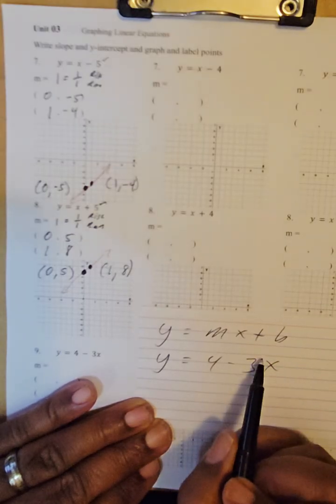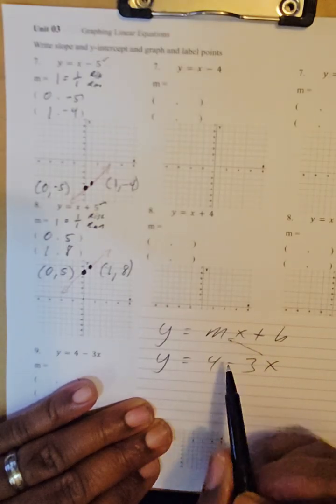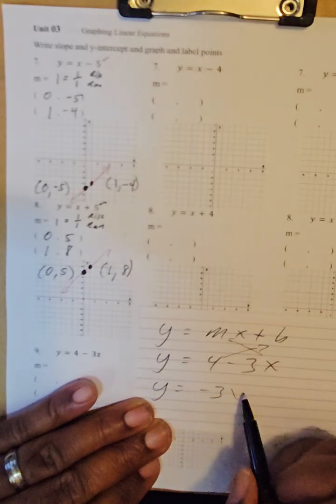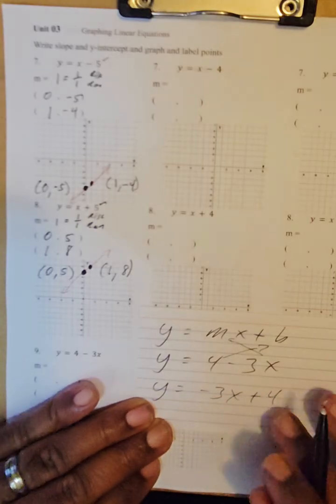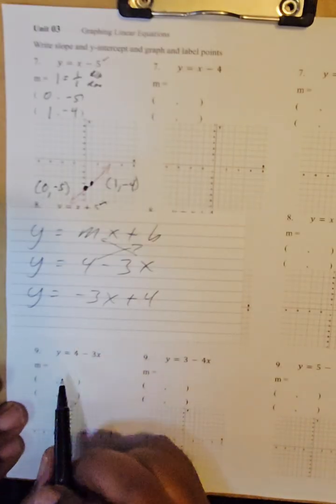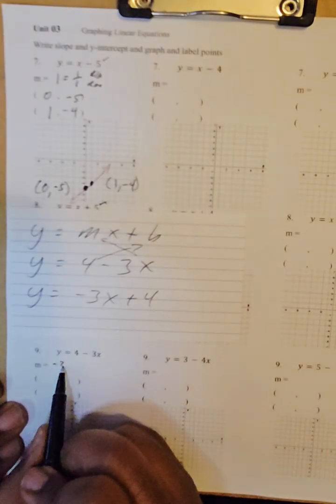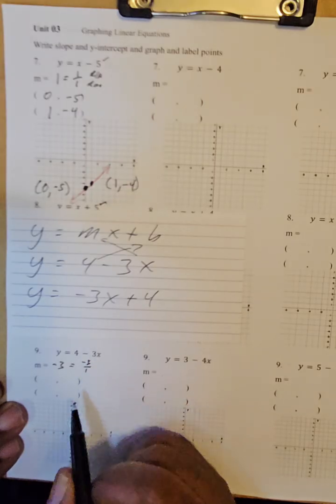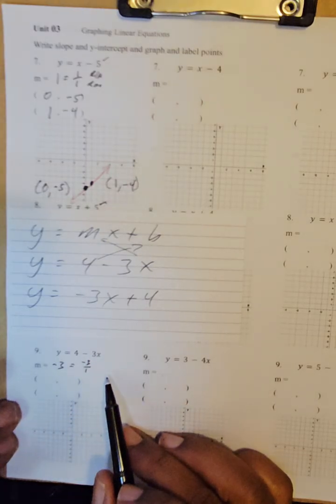And you see that we need to move the -3x over and the 4 over. So we'll write it as y equals -3x plus 4. So our slope is going to be the -3, and we'll turn it into a fraction, -3 over 1. So now we have a slope.